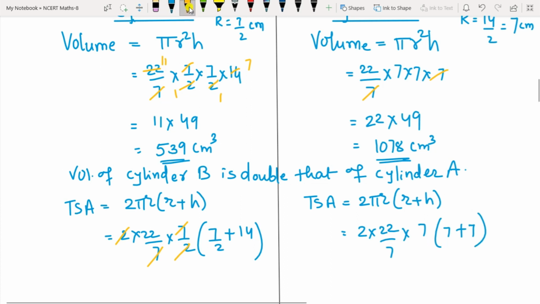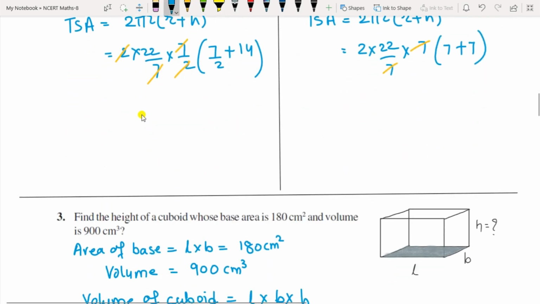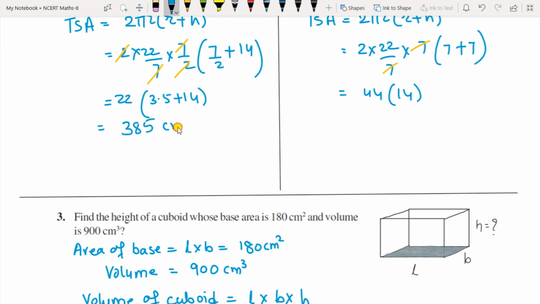Here 7 will get cancelled. On solving this, you will get the answer as 385 centimeters square, and here you will get the answer as 616 centimeters square.